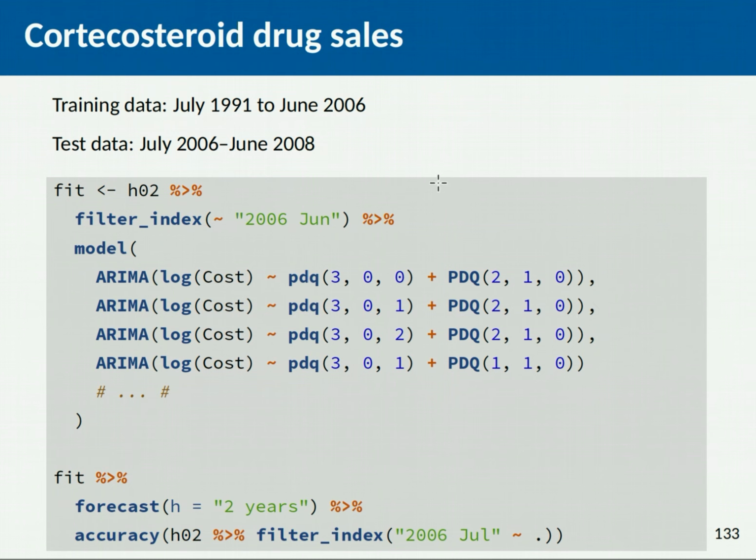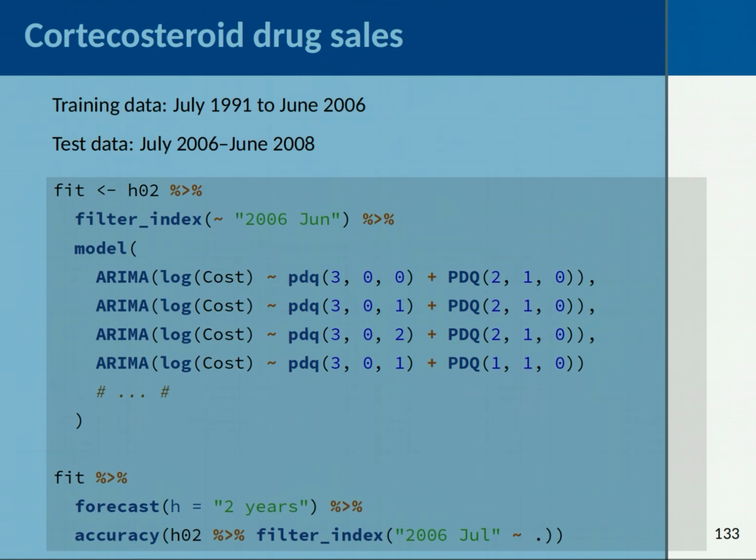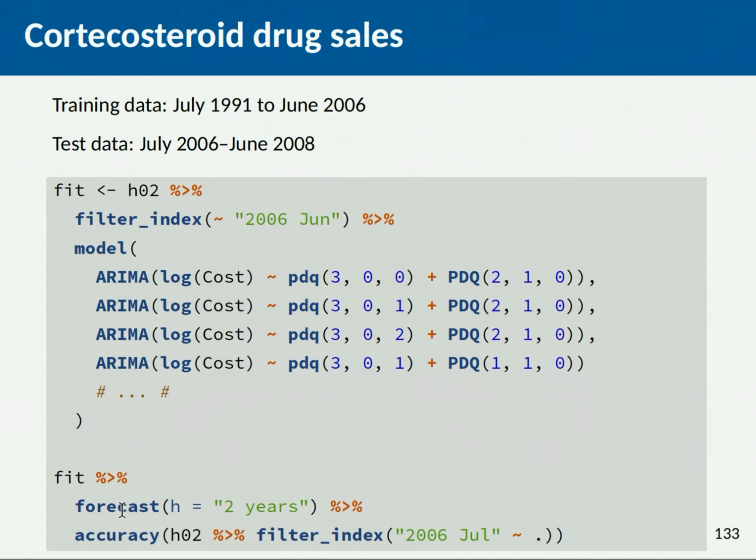When we are doing forecasting, we can take a look at our training data set, which would be all the data up to June of 2006, and then apply different models on it and take a look at the fit. Once we know which model is the best, we can forecast using it.